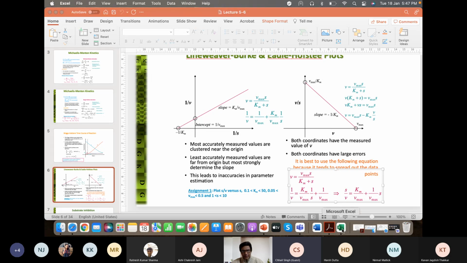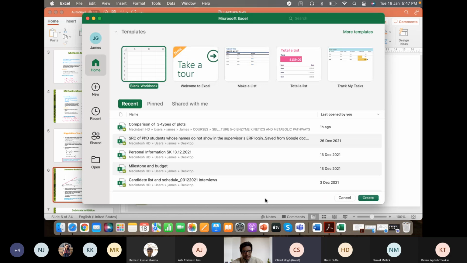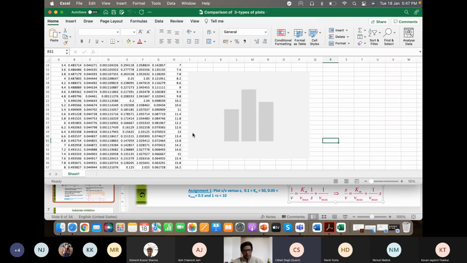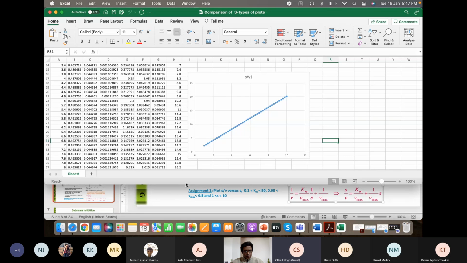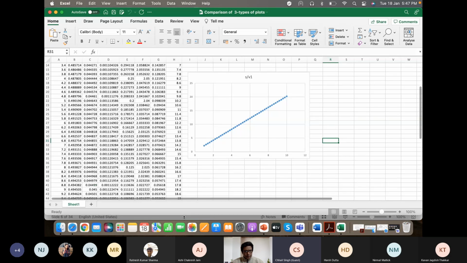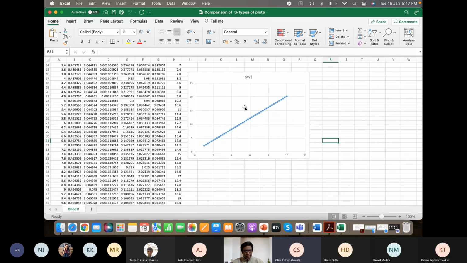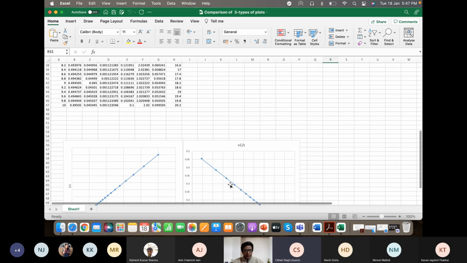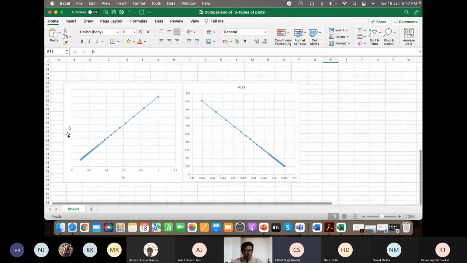To illustrate this, I have done a simulation here for you to see. You can see that when you do that s by v versus s graph, the data points are equally spread out. If you had taken 1 upon v versus 1 upon s, then you see a separation of the data points here because of the amplification that takes place.